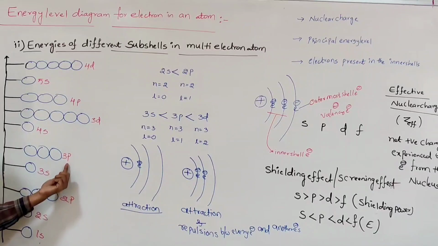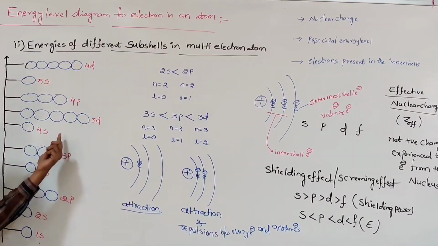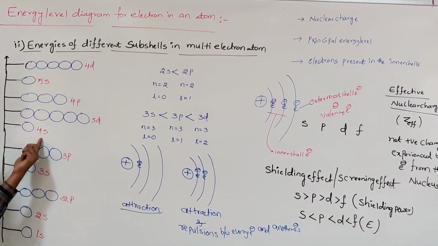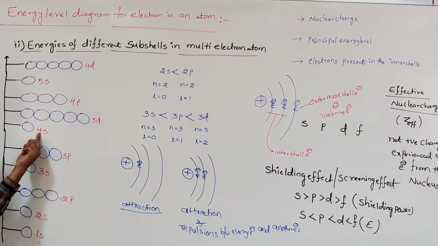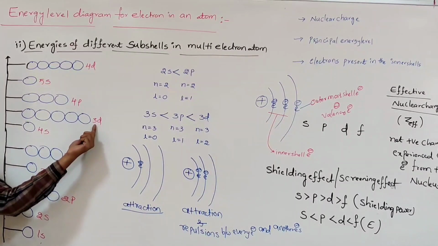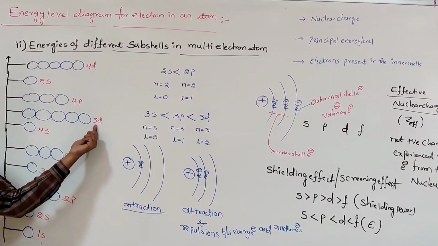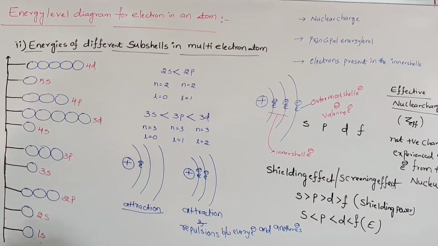Generally after 3p, if you wrote without the knowledge of chemistry, you would write 3d. But 4s is there here. So there are certain irregularities in the energy level diagram. That is, sometimes the sublevels of higher energy fall below the sublevels of lower energy. So these are the four conclusions we made from the energies of different subshells in the multi-electron energy level diagram.